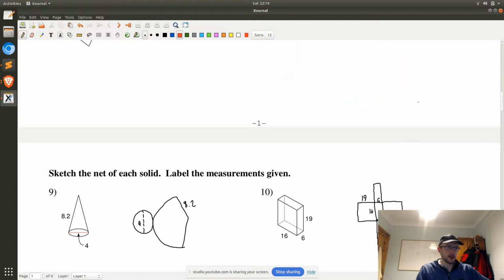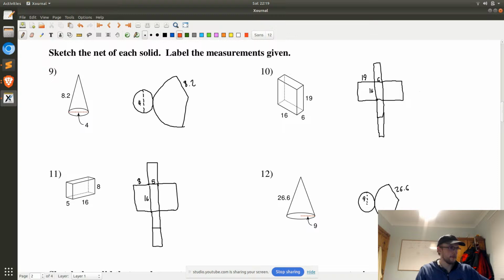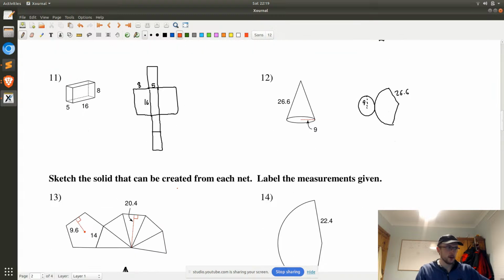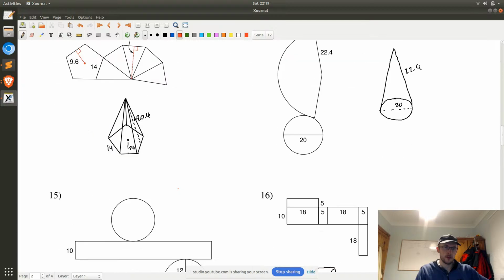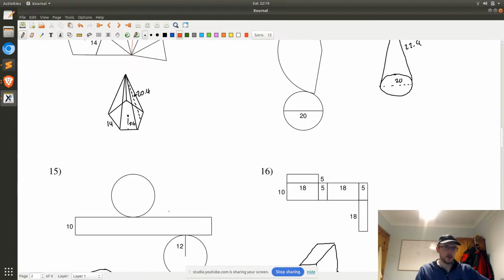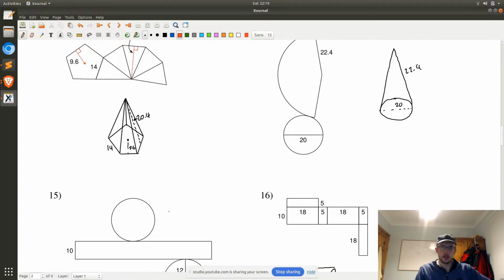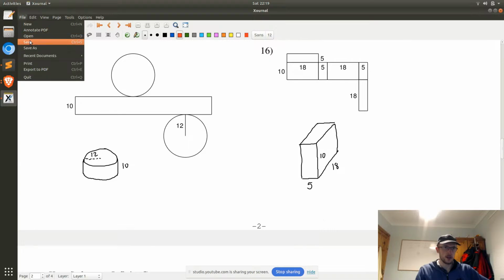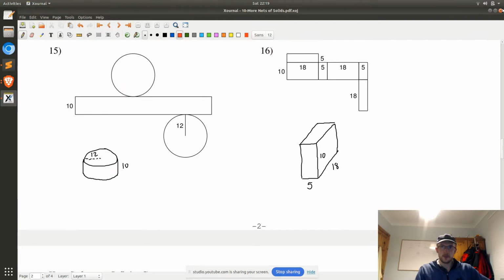Rectangular pyramid, pentagonal prism. Yes, that's fine. That's all fine. 9.6, 14, 20.4. That's good. That's good. And it's sufficient.